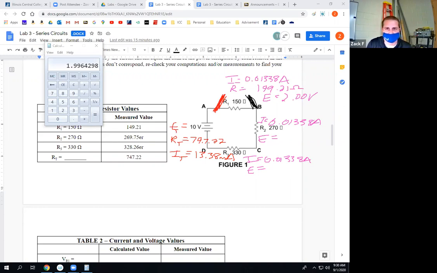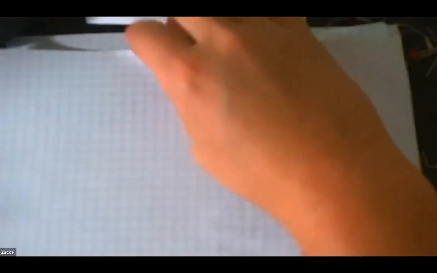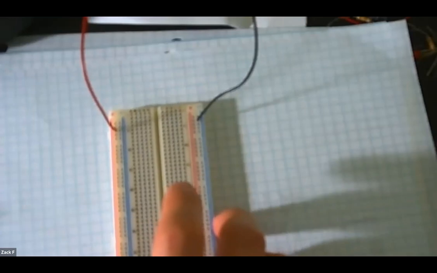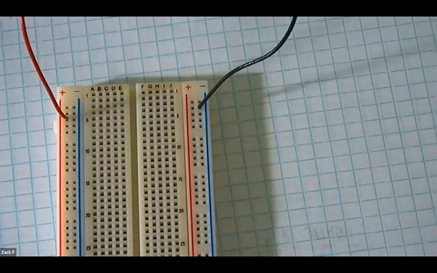I'm going to switch for a second and show you guys how I'm going to set this circuit up. So this is going to be my plus 10 volts.